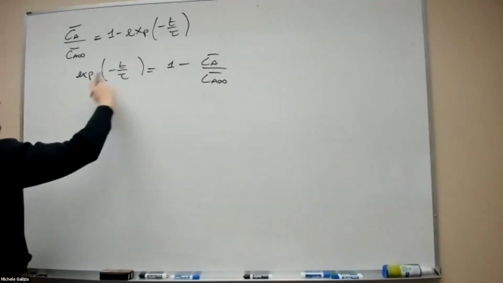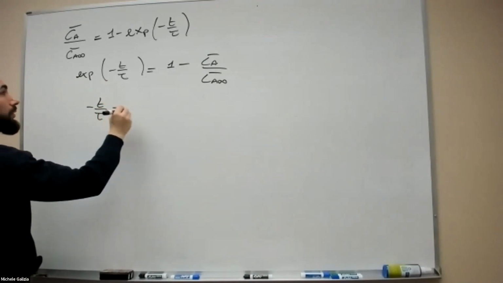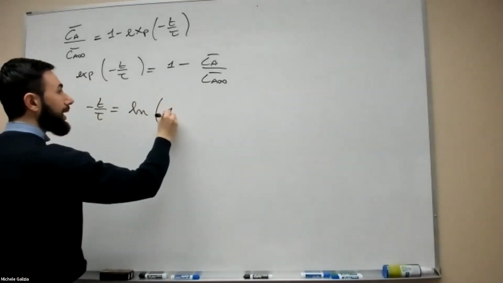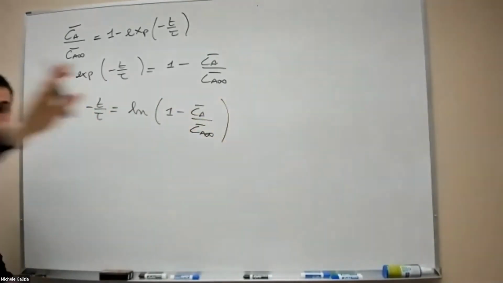Let's take the logarithm of both sides. Minus t over tau equals the logarithm of 1 minus CA over CA infinity. And that's it. We are done.